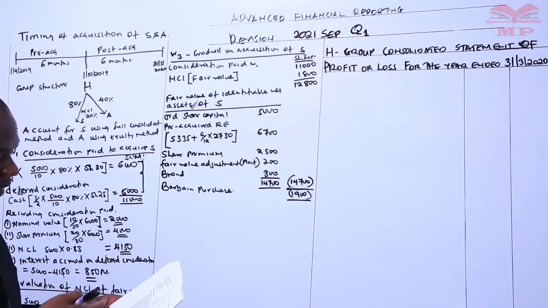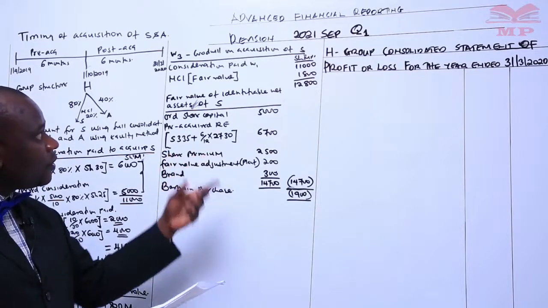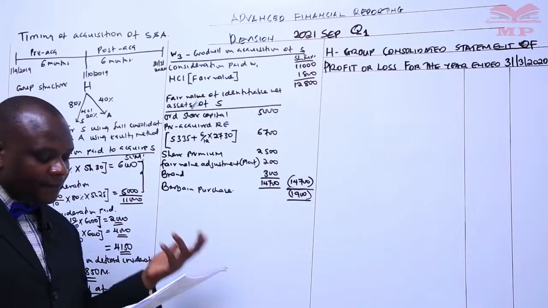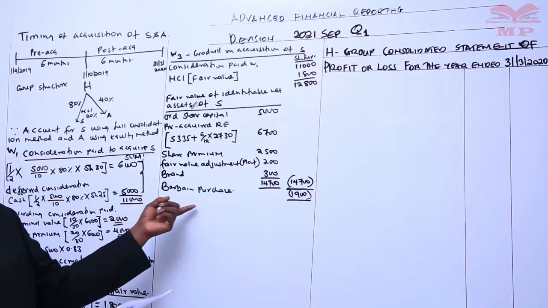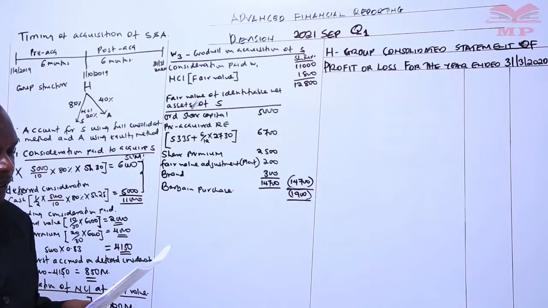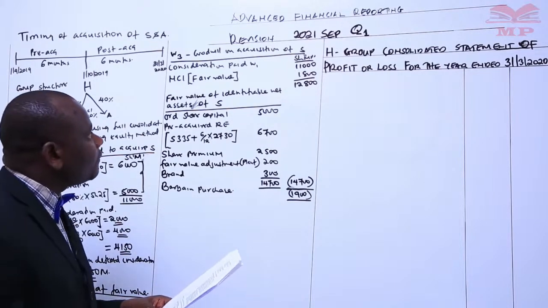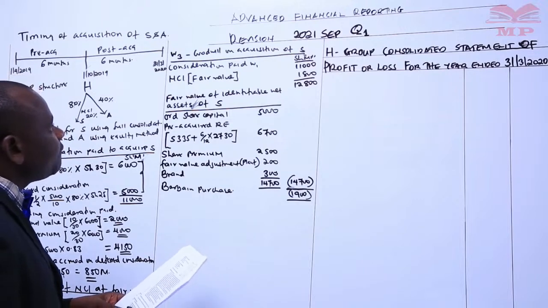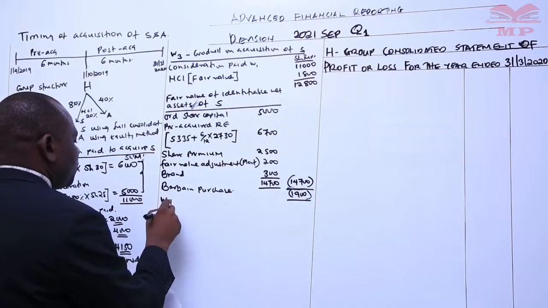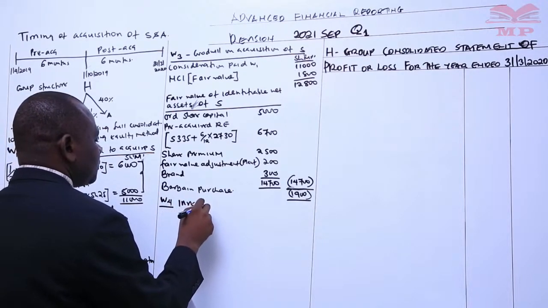If you read through the additional information, you are not told about an impairment loss on goodwill on acquisition of S. That means it was a bargain purchase instead of the intangible asset of goodwill. After that we go to what is called investment in associate, working 4, investment in associate.